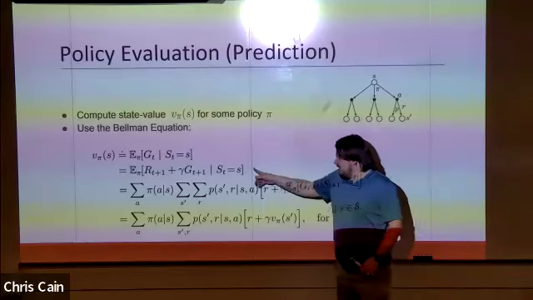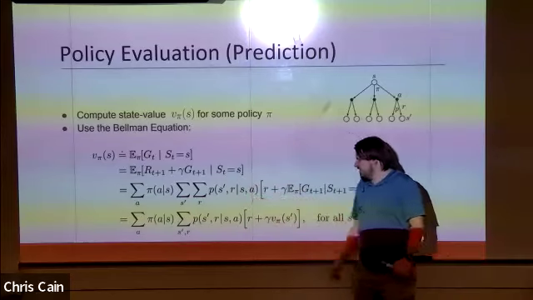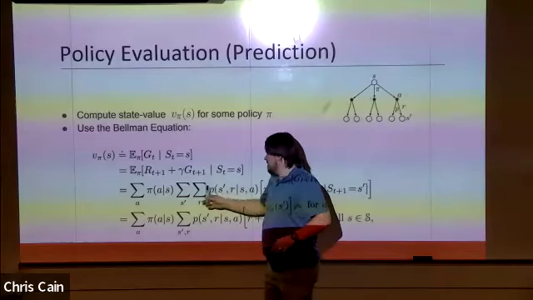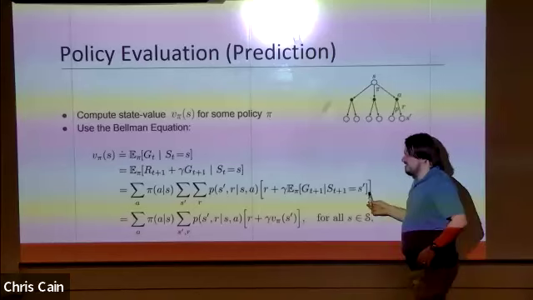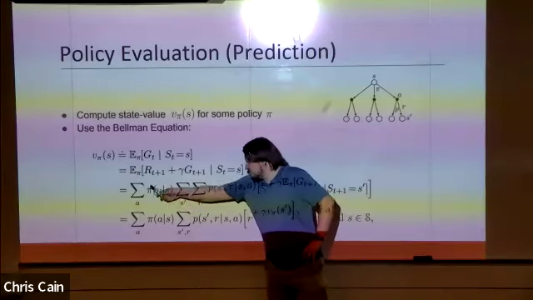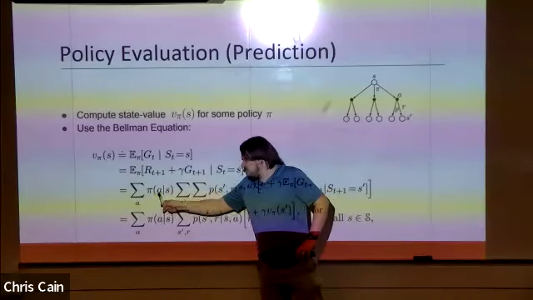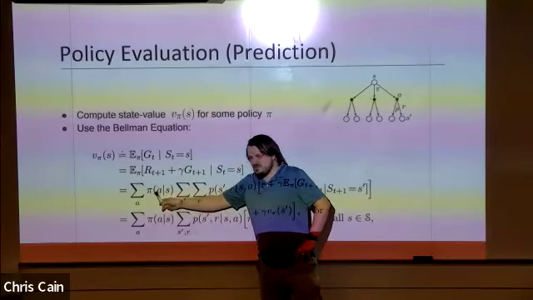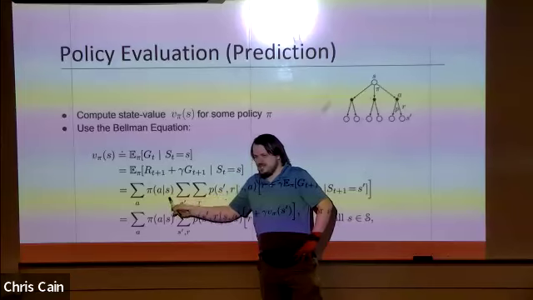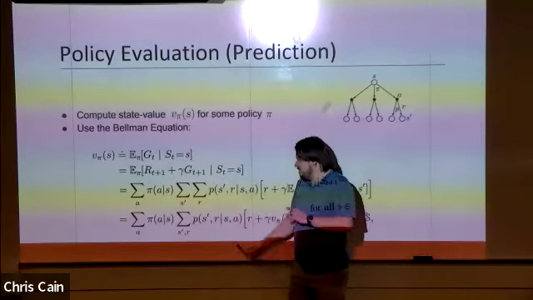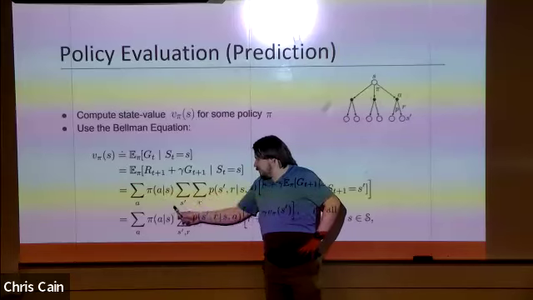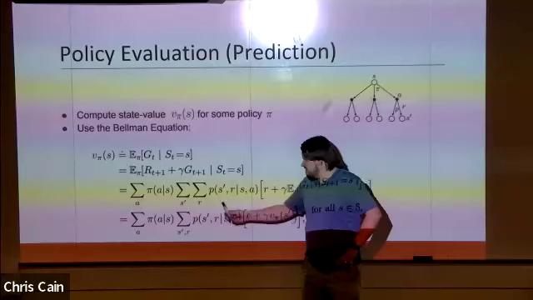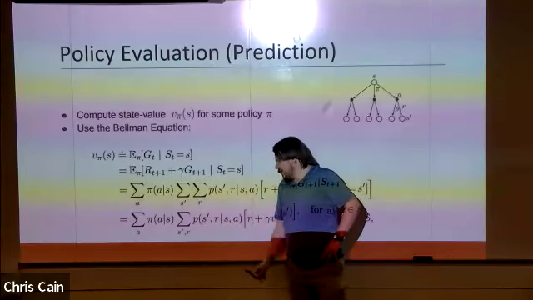Breaking this down, we have to sum over many components. I think we've basically already seen this: we sum over all of the actions we can take from the state based on this policy, the probability that we take this action given that we're in the state. We multiply that by the sum over all possible successor states and all possible rewards for being in that successor state.